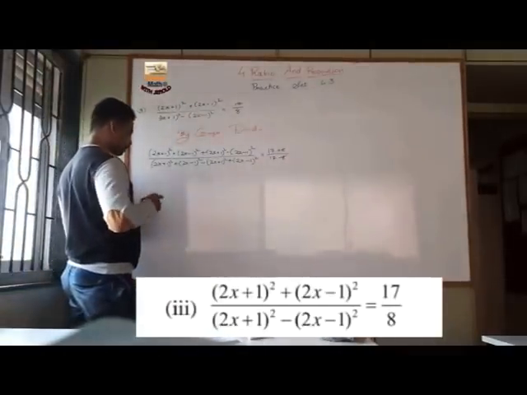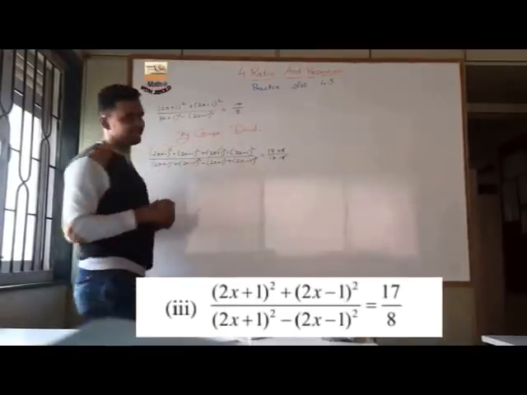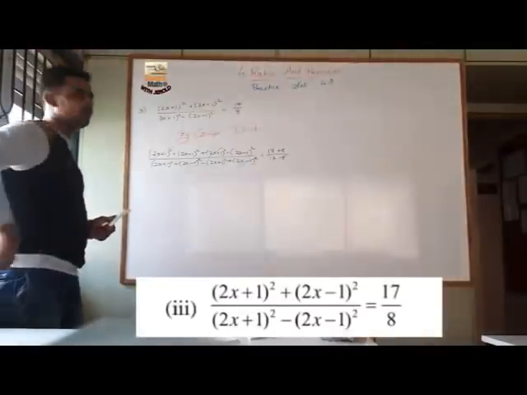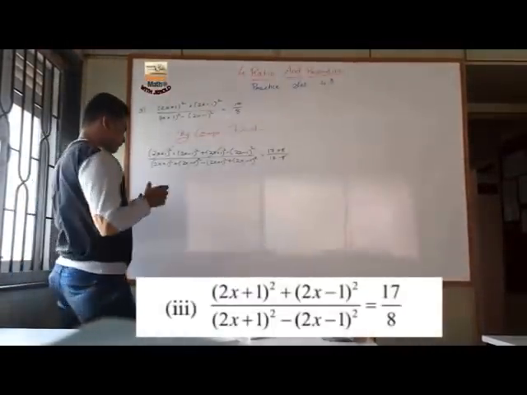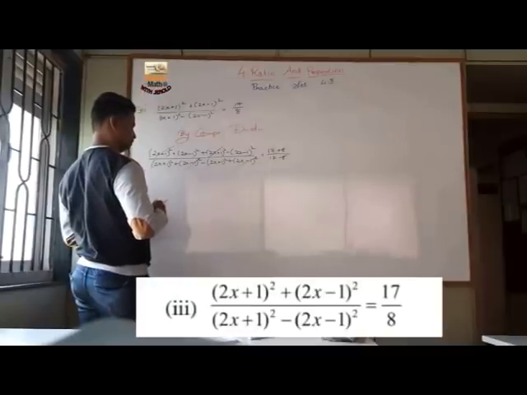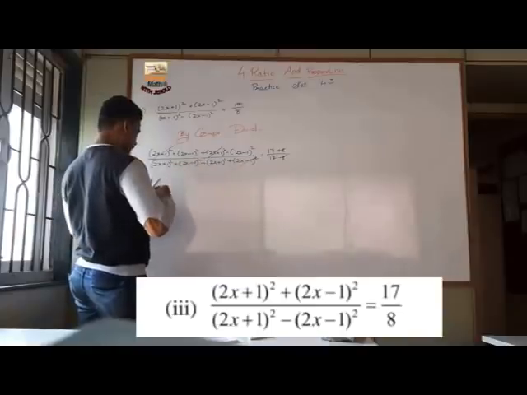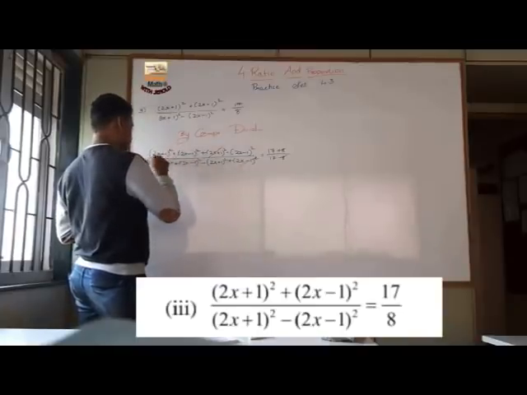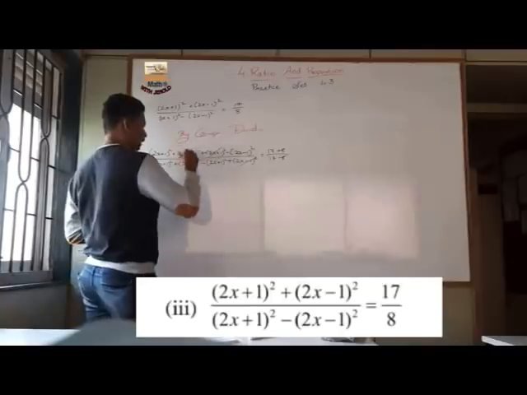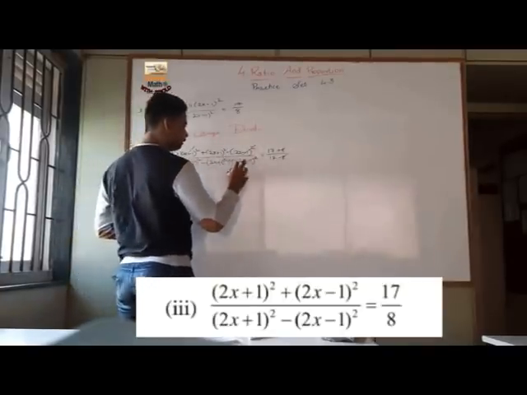Now, as you know, in the numerator, the first and third term and in the denominator, the second and fourth term get cancelled, as we have done in many similar sums. Sorry, I made a mistake. In the numerator, I will be cancelling the second and the fourth term, and in the denominator, I will cancel the first and the third term.